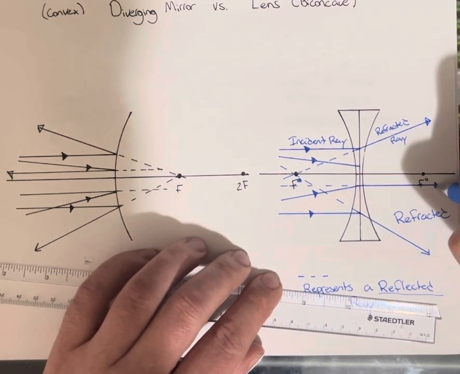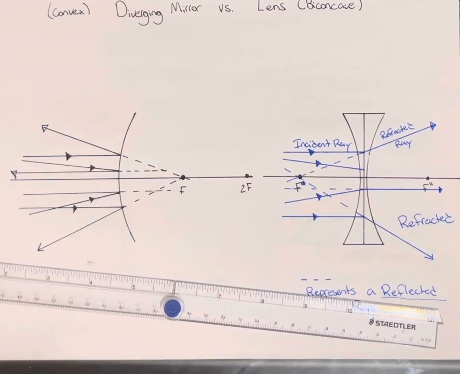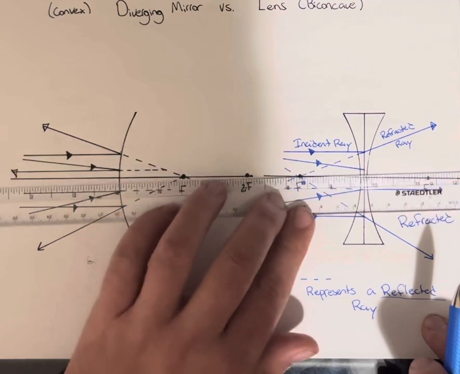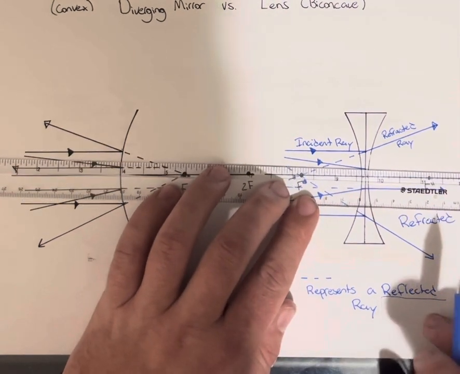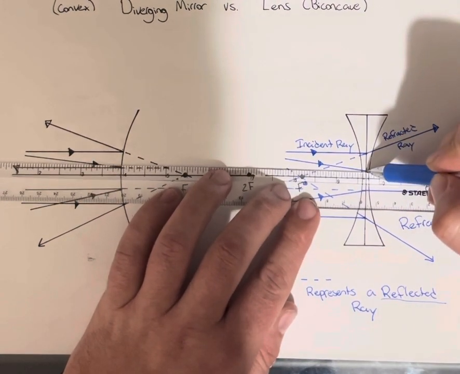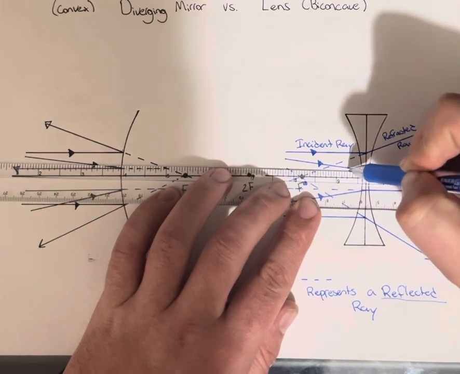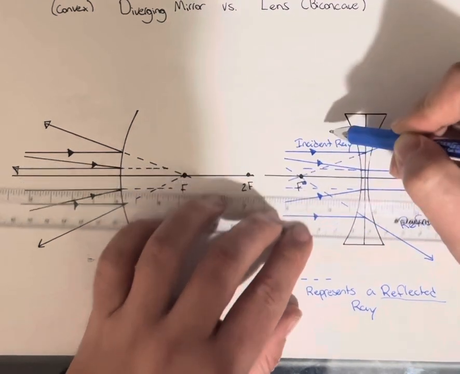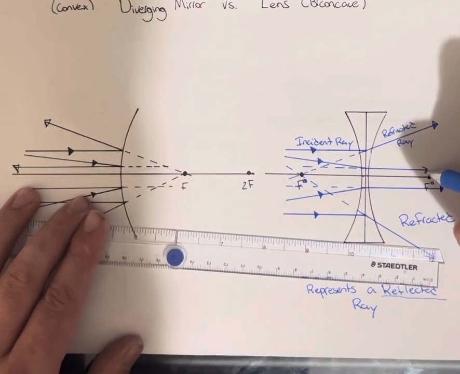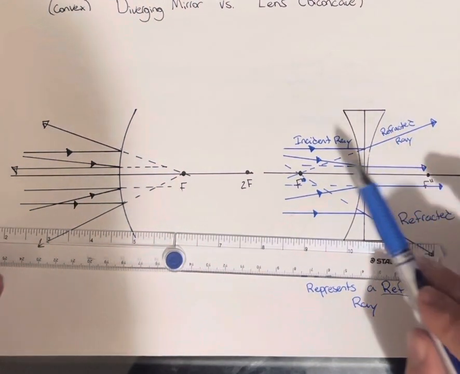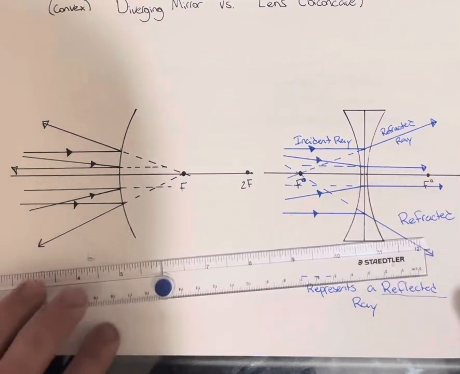Okay, so those two are going to go in the same direction as one another. And then finally, if I were to do that example as well, the refracted ray is going to travel parallel to the principal axis, and so will the reflected ray. Okay, so this one's a little bit different because we are adding that additional ray. So now we're dealing with all three rays that we've seen: incident, refracted, and reflected.